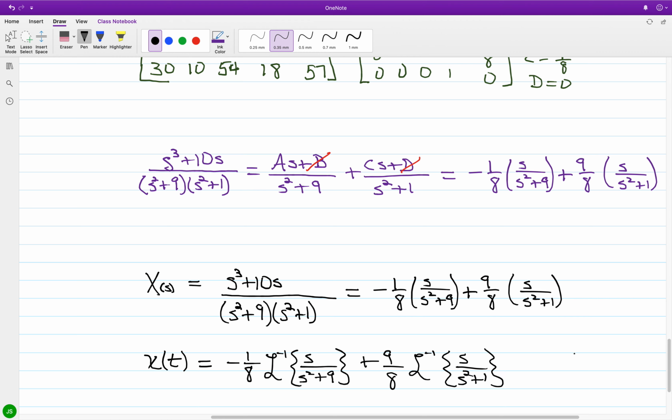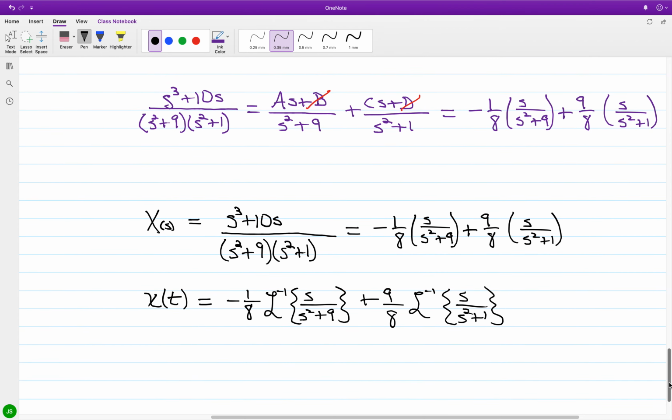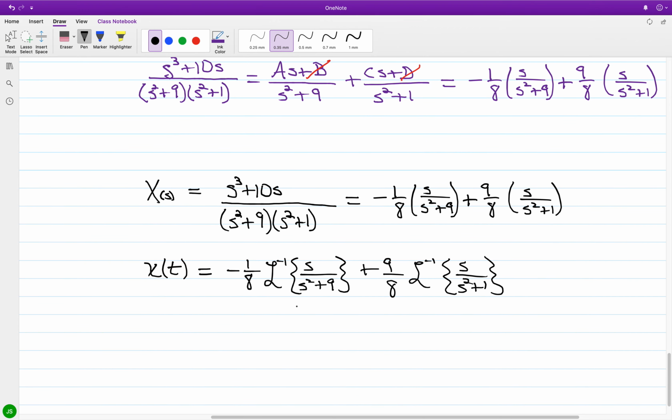With the sum of squares in the denominator, and with the numerators each at s, we're going to end up with cosine terms. So for x(t), this will come out to -1/8 times the cosine, and since 9 is the square of 3, we have the cosine of 3t. And with the next term, we have 9/8 times the cosine of t. And that will be your final answer.